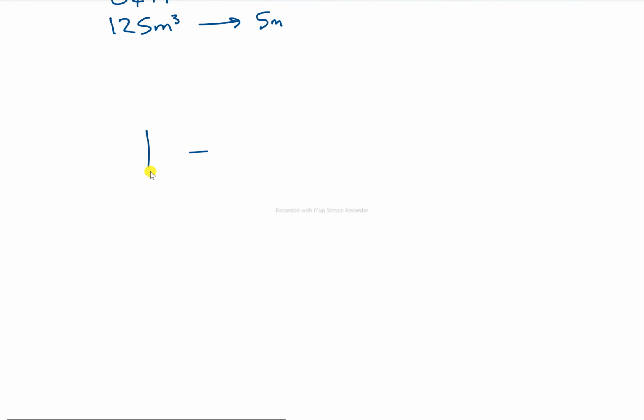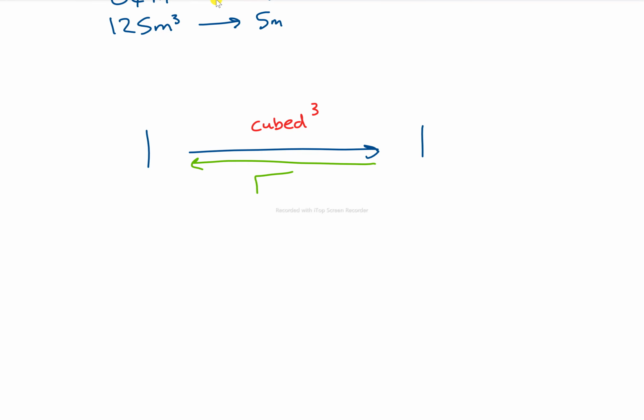So what I'm trying to say to you now is this. I take the number 1, if I cube it, with that little 3, it becomes 1. If I go back, I have to cube root it, and it will become 1 in this case. Let me do another one. If I go forward with 2 and cube it, it becomes 8.